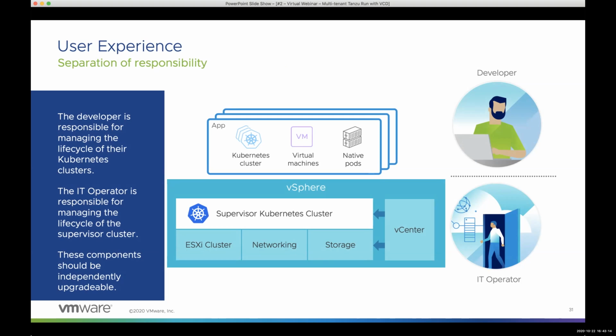So we are merging these two scenarios into a single console called vCenter. Your IT admin or IT operator will continue to operate vCenter the way they were operating it. And now the developer can also connect to your Kubernetes cluster and do whatever they want to do with respect to the Kubernetes cluster.